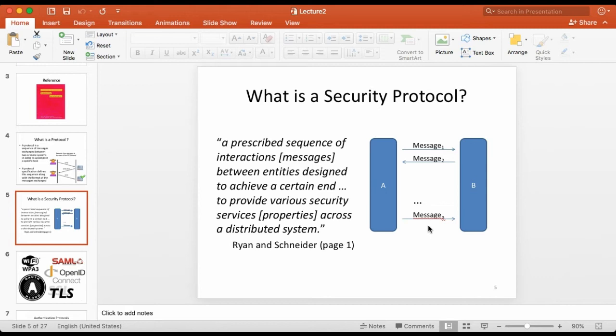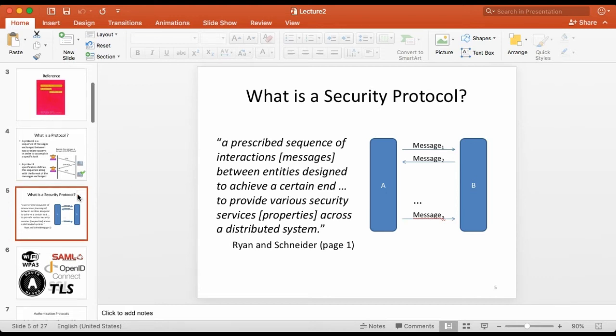So it's like a standard protocol, except it has security at its heart as the main goal motivating the running of such a protocol. We want to establish some security property when we run a security protocol.